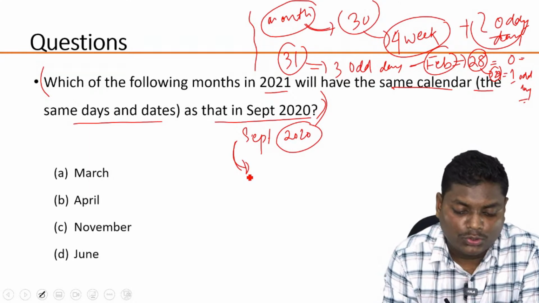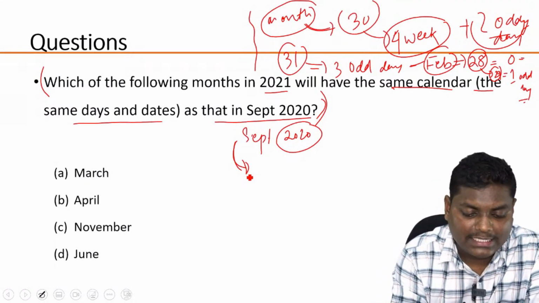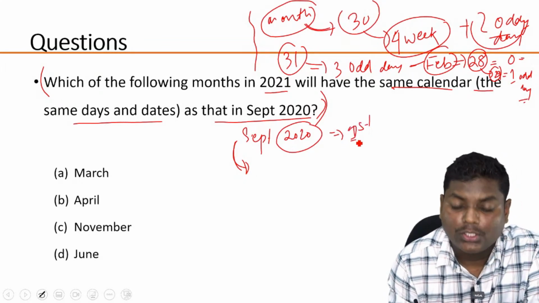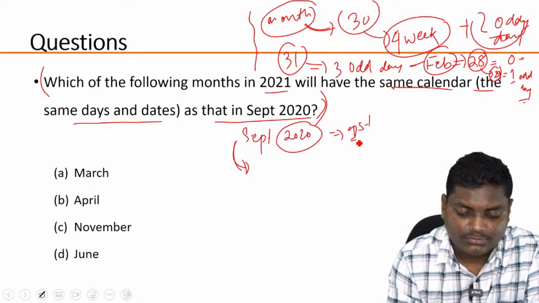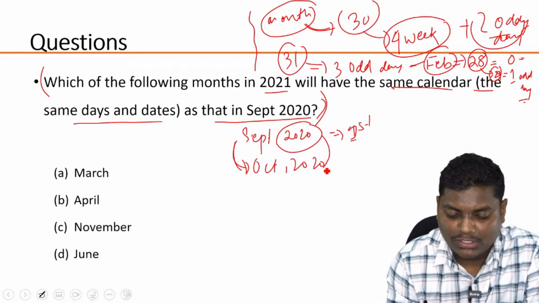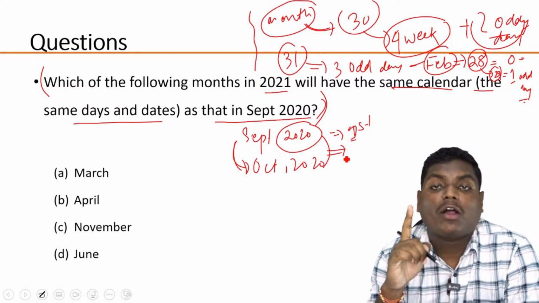Let's try and see from September. For example, let's start from September 1st. From September 1st to October 1st, 2020, it is 1 month. And in the month of September, how many days do we have?